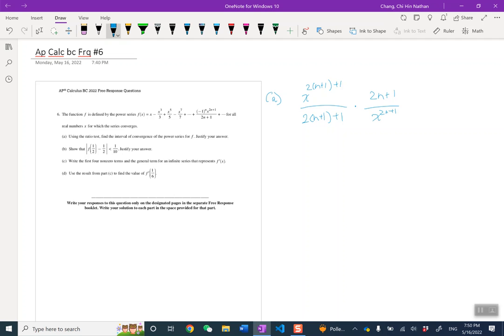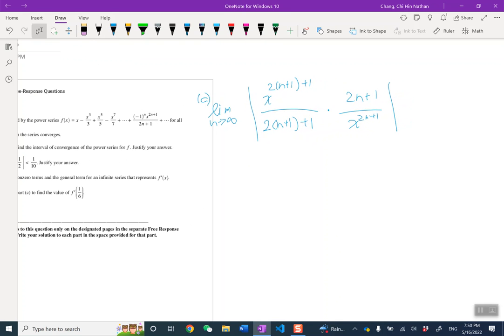Notice that I did not write the negative 1 to the power of n in because it really doesn't matter, because the answer we get is gonna be an absolute value. So remember, we also need to write the limit as n approaches infinity of the whole thing right here.